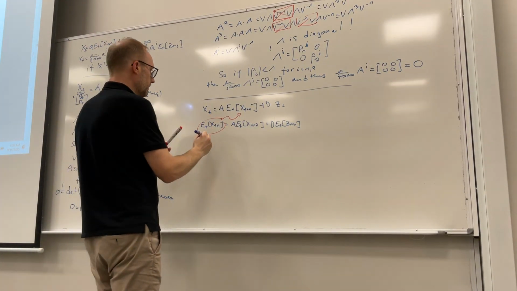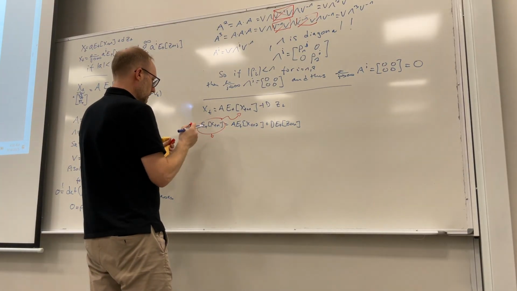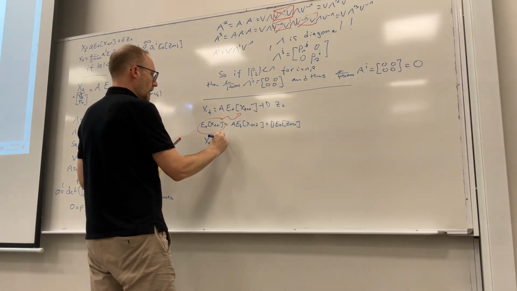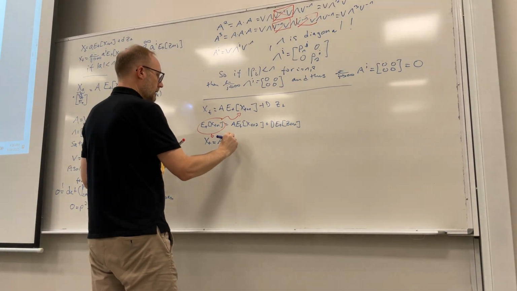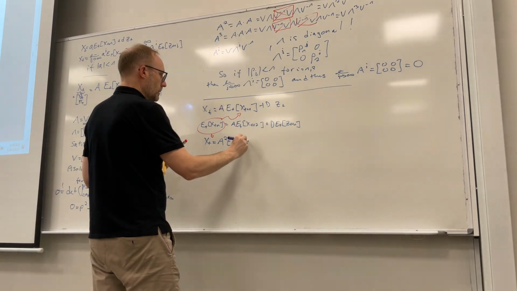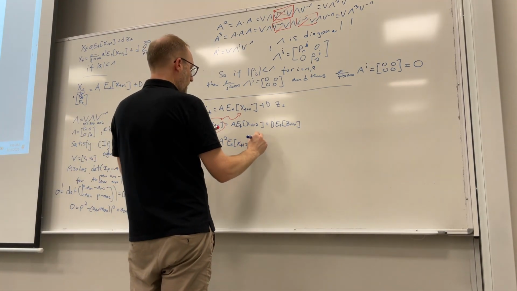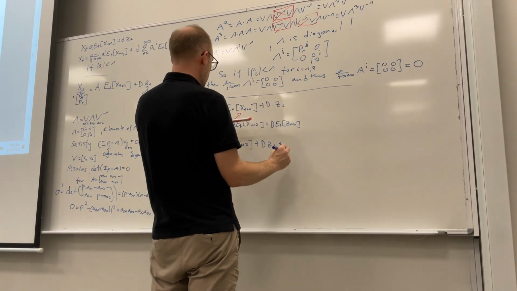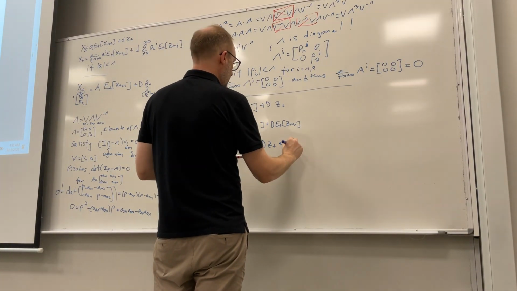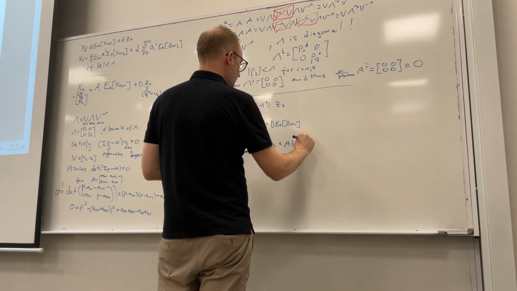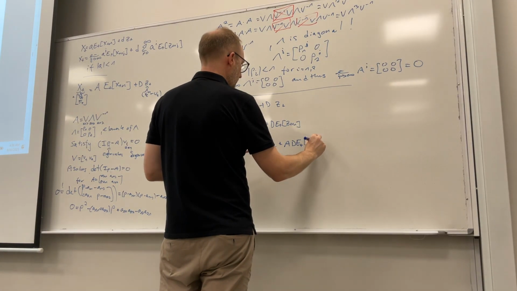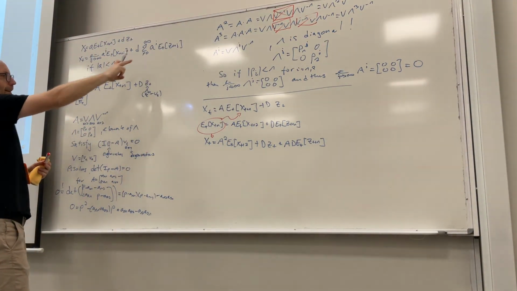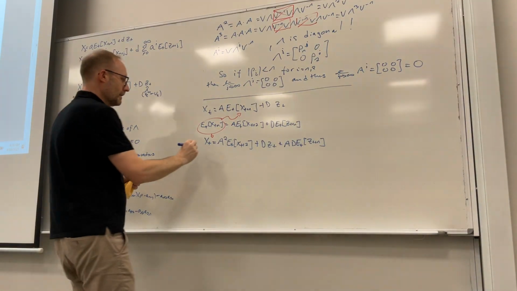Plug this in here. We get then that xt is equal to A squared Et x t plus 2 plus D zt plus A times D Et z t plus 1. So I'm going to make the, well, you can do another step until you see the pattern.